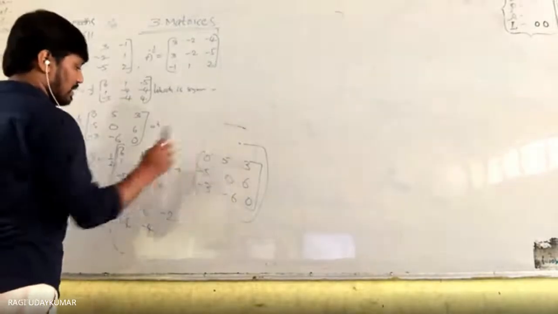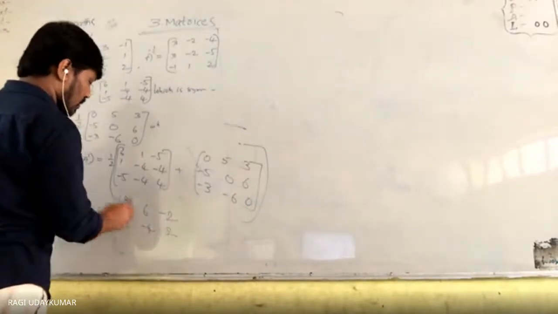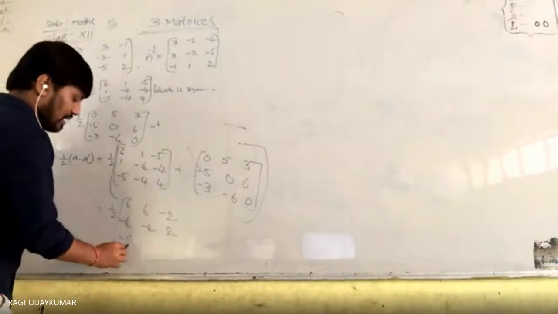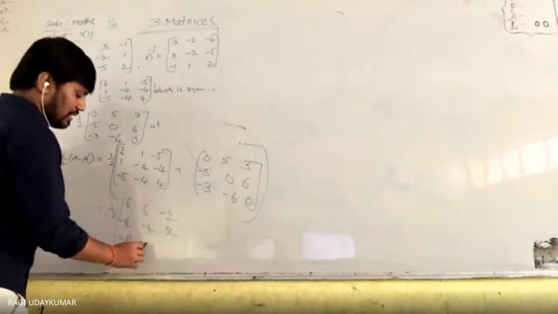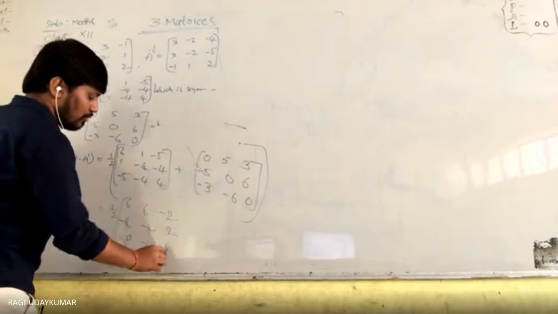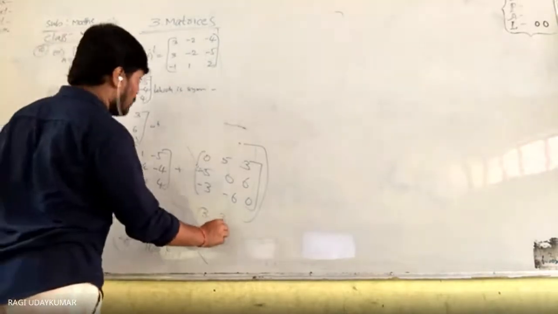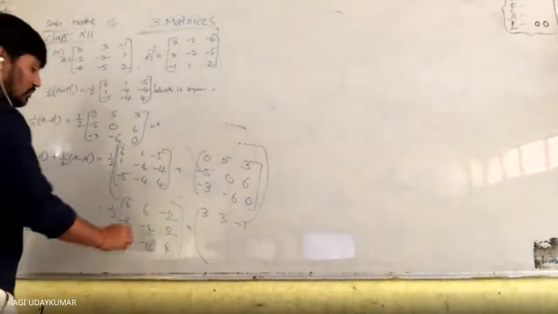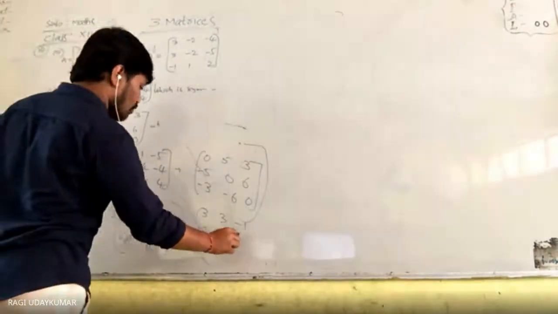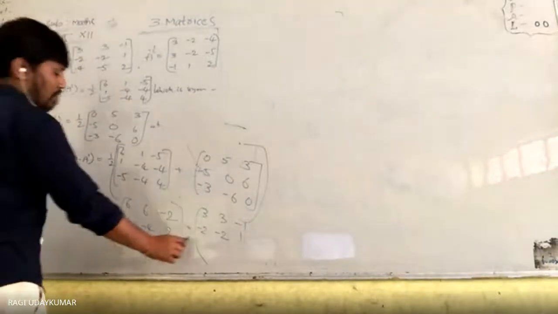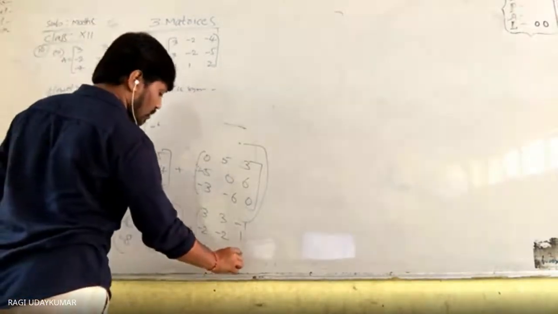Minus 4 plus 6 is equal to 2. Minus 5 minus 3 is minus 8. Minus 4 minus 6 is minus 10. 4 plus 0 is 4. Now divide the whole thing by 2, so 3 3 minus 1, minus 2 minus 2 1, minus 4 minus 5 2.